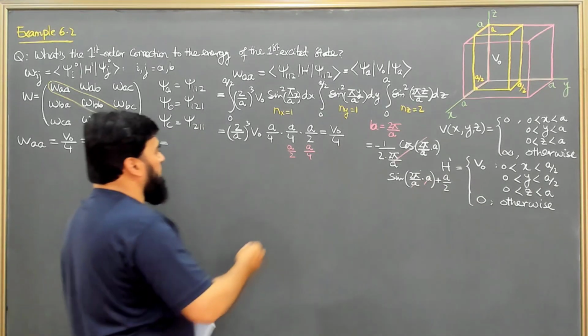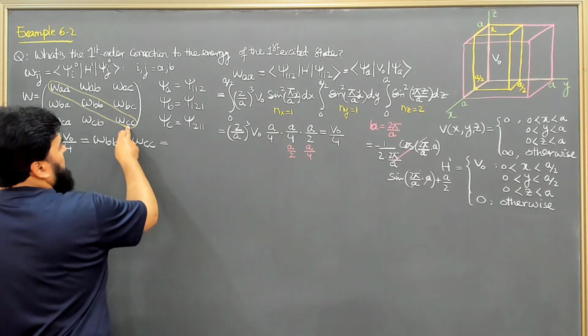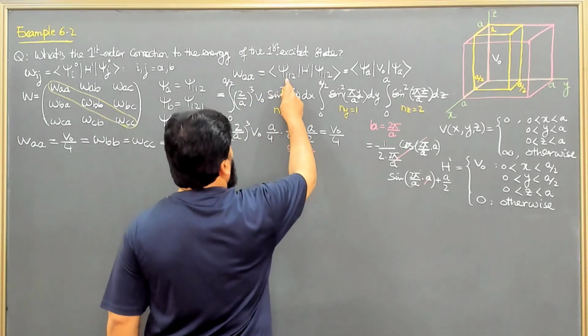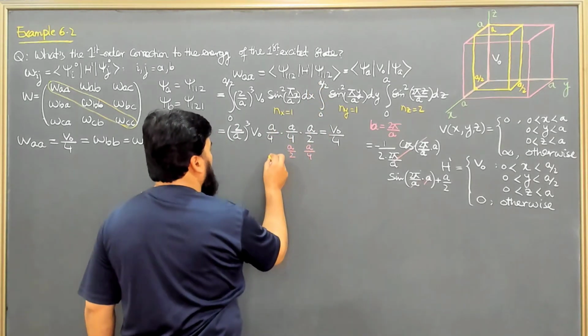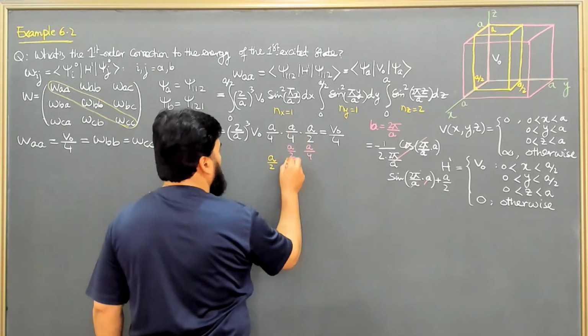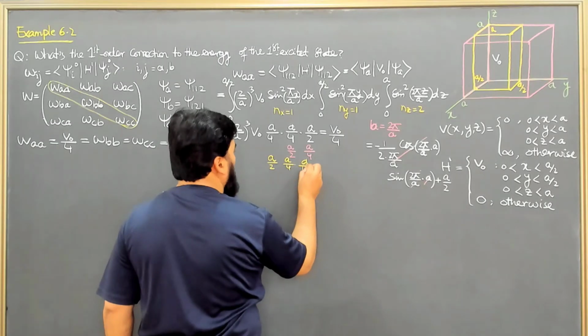In the next one, when I have CC, CC will be equal to 2, 1, 1. So here 2 will come here, 1, 1 will be here. When 2 comes here, we get A over 2, while this one will remain A over 4, and this one will remain A over 4.